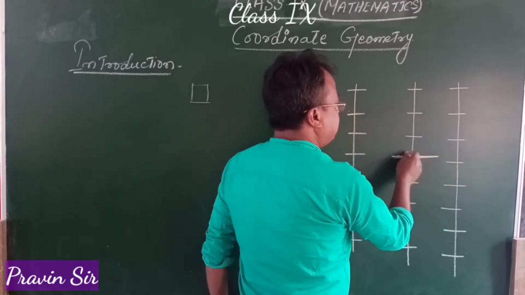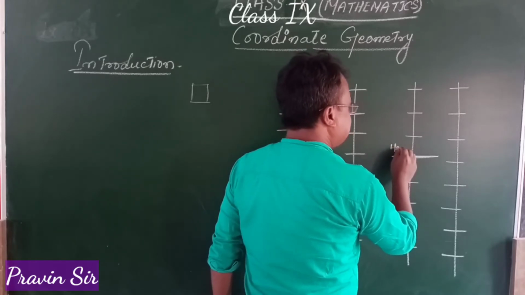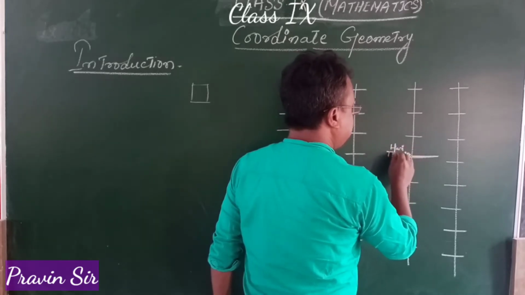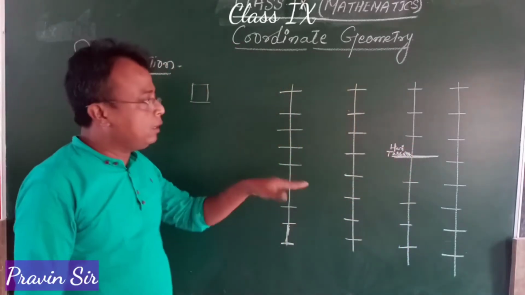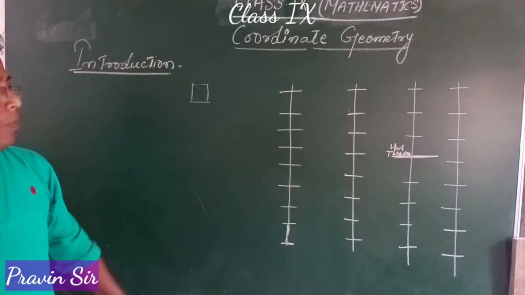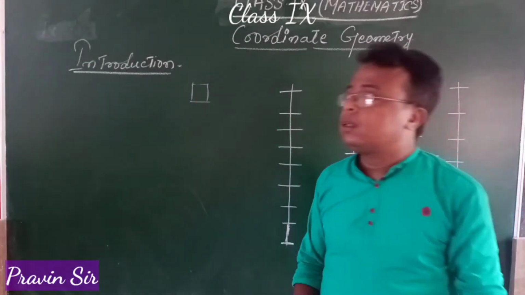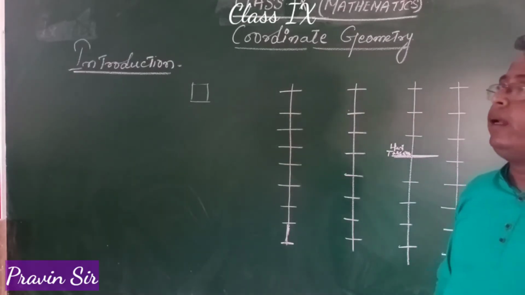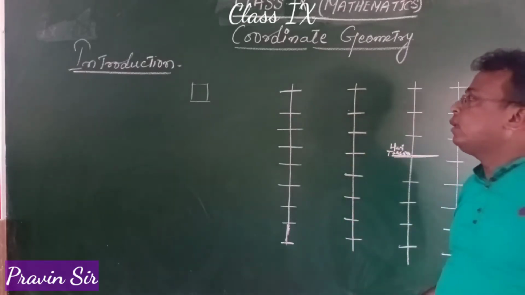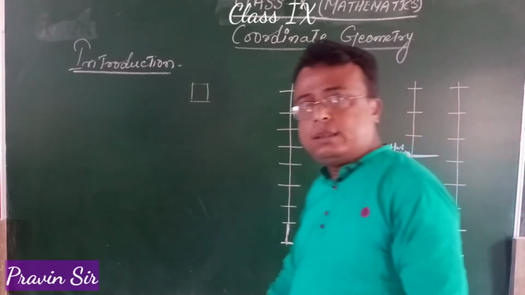Now suppose in this bench Haritasar is sitting. Suppose someone asks where Haritasar is sitting. Then I tell him, go to row number 3, there Haritasar is there.